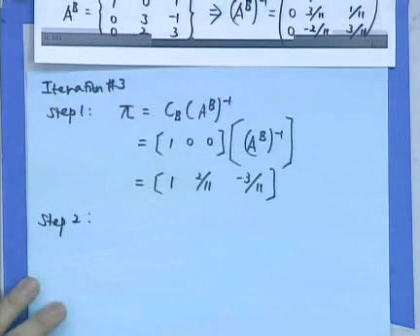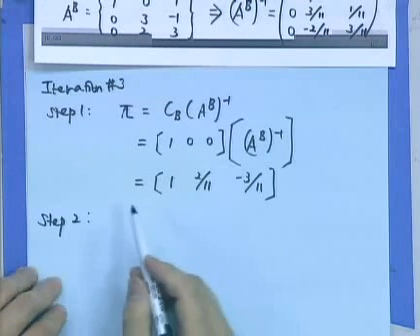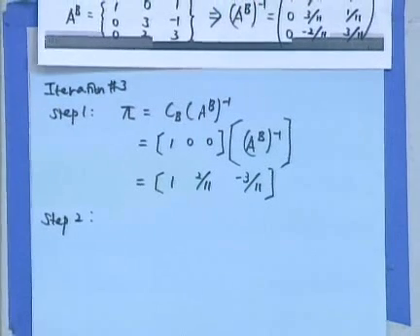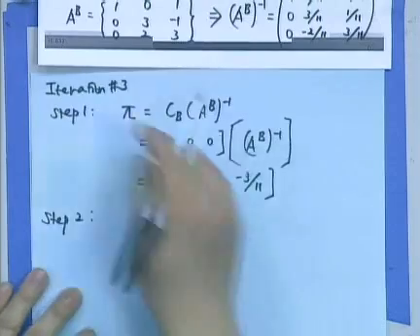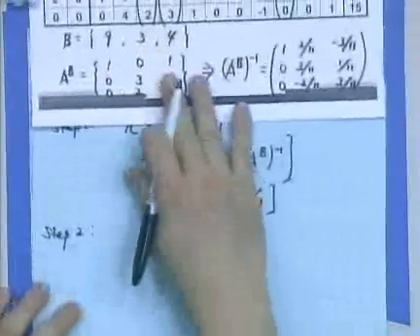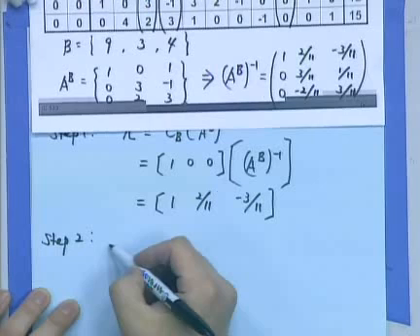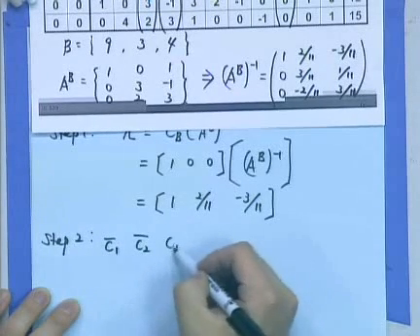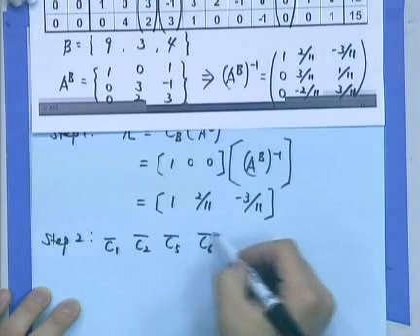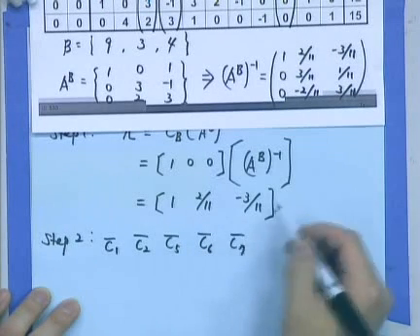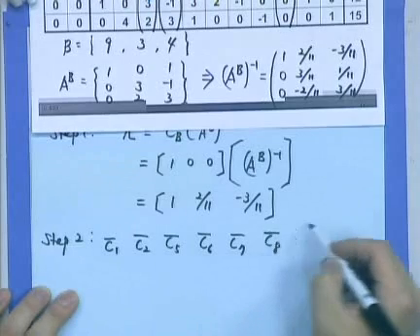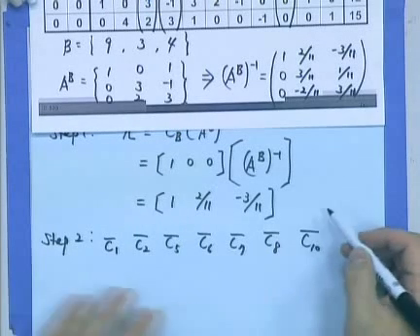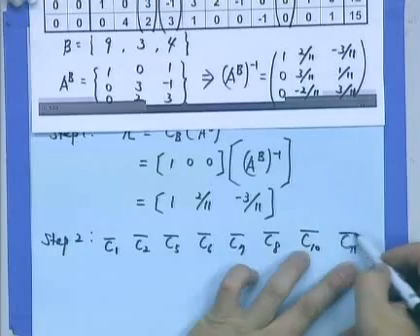And repeat the same step, step 2, which is to compute the reduced artificial cost of the non-basic variables. Currently, the non-basic variables are x1, x2, x5, x6, x7, x8, x10, and x11, right?